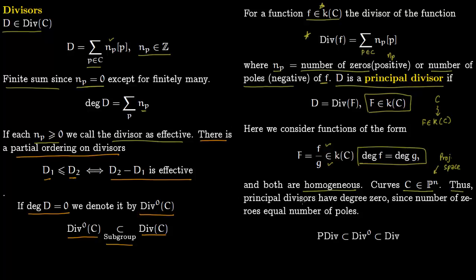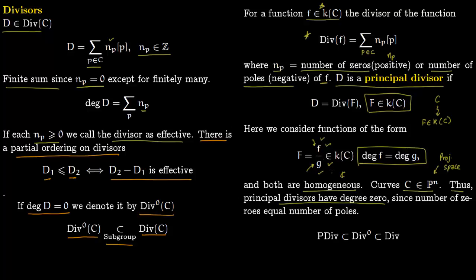Therefore principal divisors will have degree 0, because the number of zeros of f has to equal the number of poles given by g. If you factorize them over complex numbers, you will have the same number of factors in the numerator and in the denominator, because their degrees are the same.